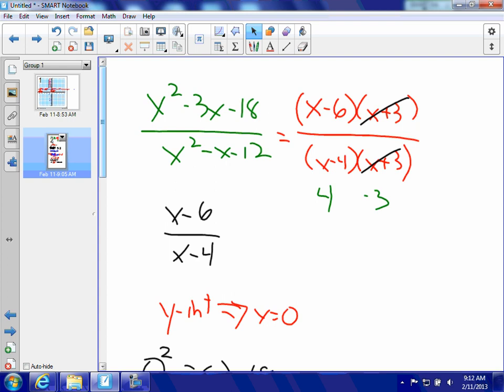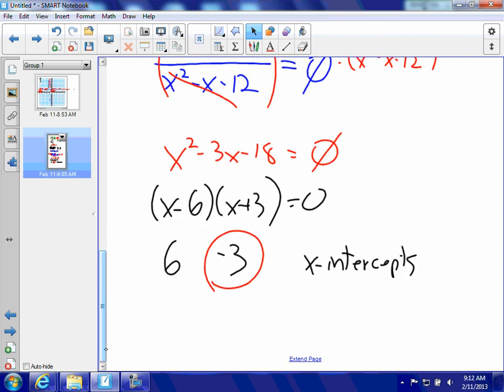So there's no way I can have an x-intercept at negative 3 if that would make my denominator 0. So I'm only going to have the one x-intercept, which is going to be right here at 6. That's going to be my x-intercept. Are we okay with that? Questions? No? Okay. All right.